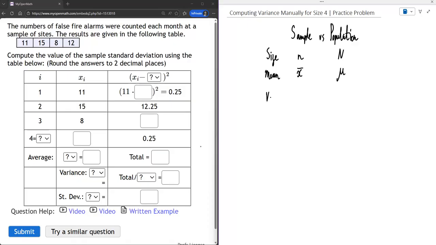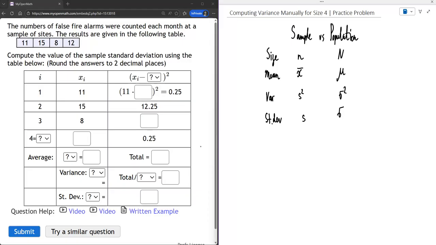The variance of a sample is s squared, and the variance of the population is sigma squared. And the standard deviation will be s and sigma, respectively.